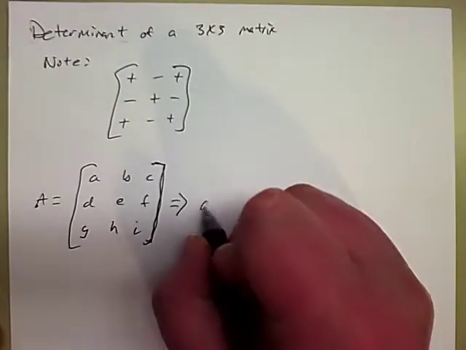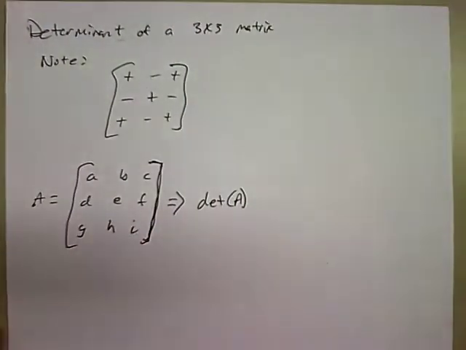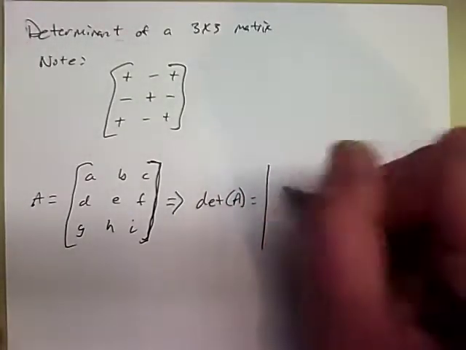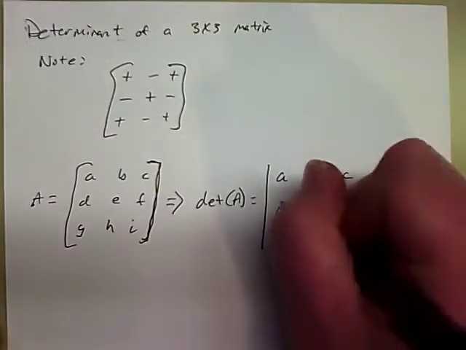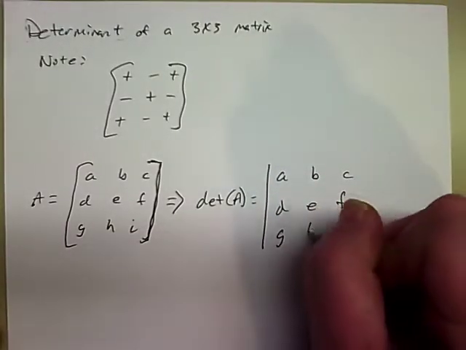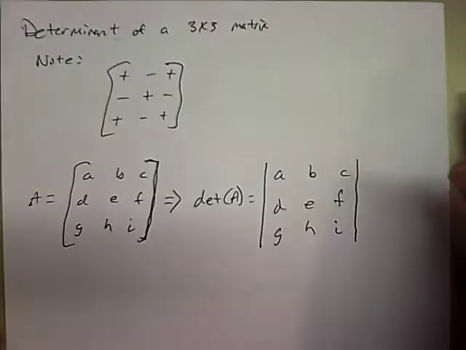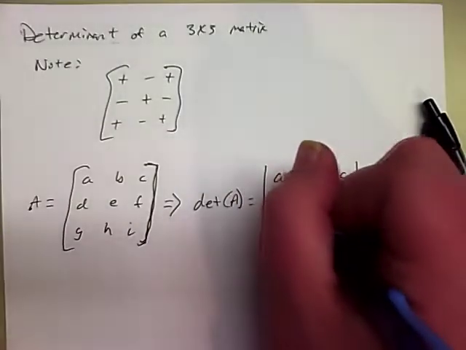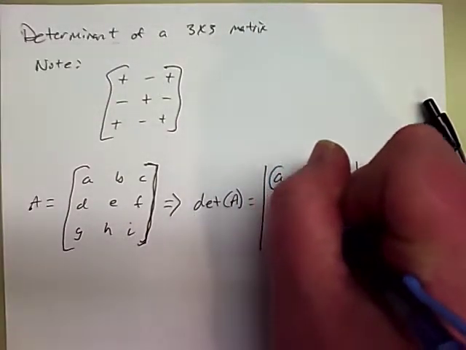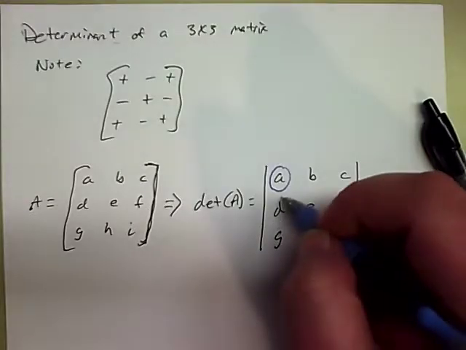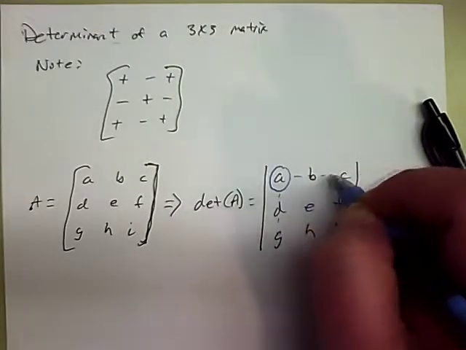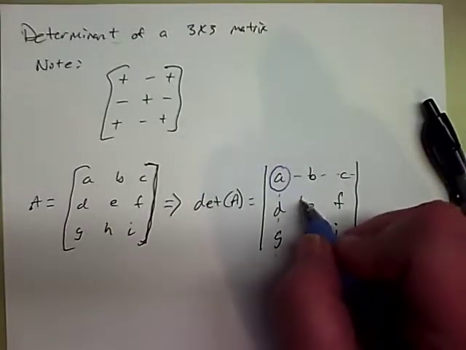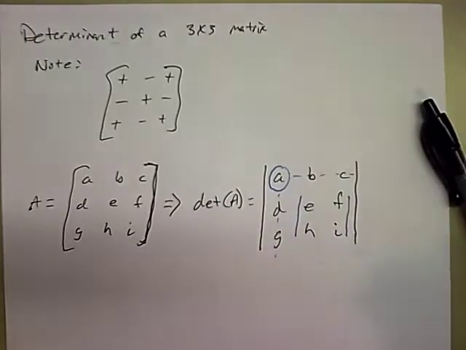The determinant of this matrix A, what we're going to do is multiply this guy as a scalar, get rid of the row and the column that's with it, and multiply it times the determinant of the leftovers.